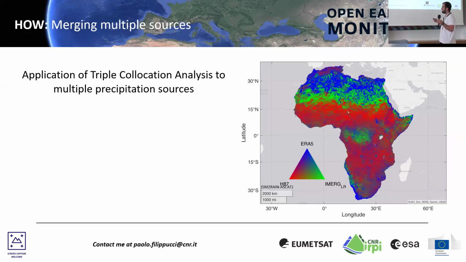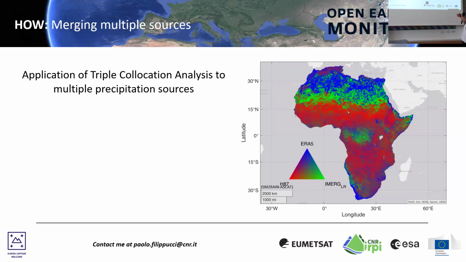And we can see here what happens when we apply this analysis to top-down satellite, bottom-up satellite and reanalysis, something that is quite reasonable, because we can see that in all the north and south area of Africa, in this case, where we expect to have more observations, ERA5, that is the model, is the best performing.